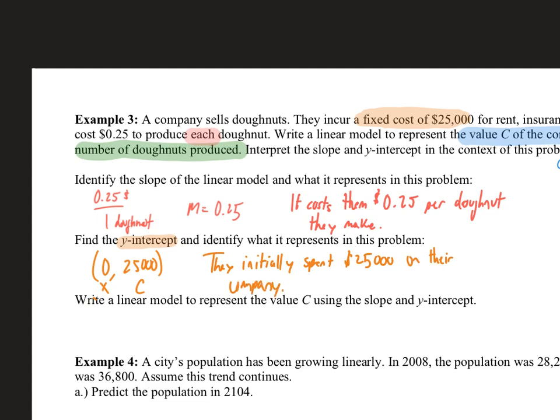So you have some leeway in how you fluff up the sentence, but you need to have something about initial or start, beginning. It needs to be saying something about spending money, because it was costs. And then I just added on their company, just to round out the sentence.